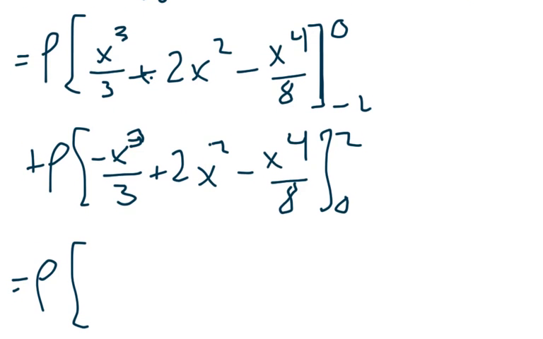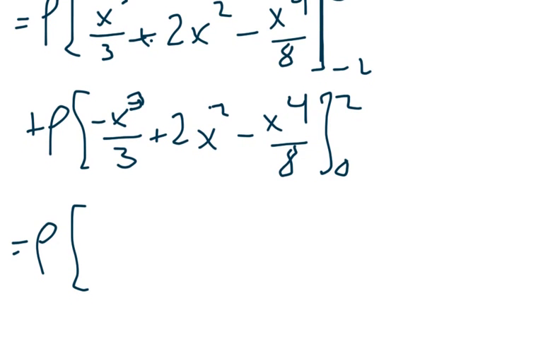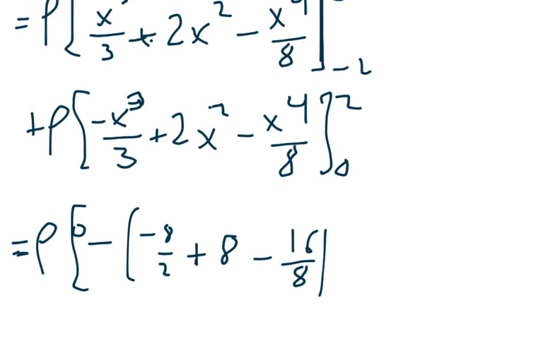Everything at the top is 0, so what we're going to do is just plug in minus 2, and we're going to have minus everything, because we have 0 minus all this stuff. Minus 2 to the third is minus 8 over 3. Oops, I just noticed this should be a 3. Plus minus 2 squared is 4, so plus 8, minus 2 to the fourth is 16, minus 16 over 8.